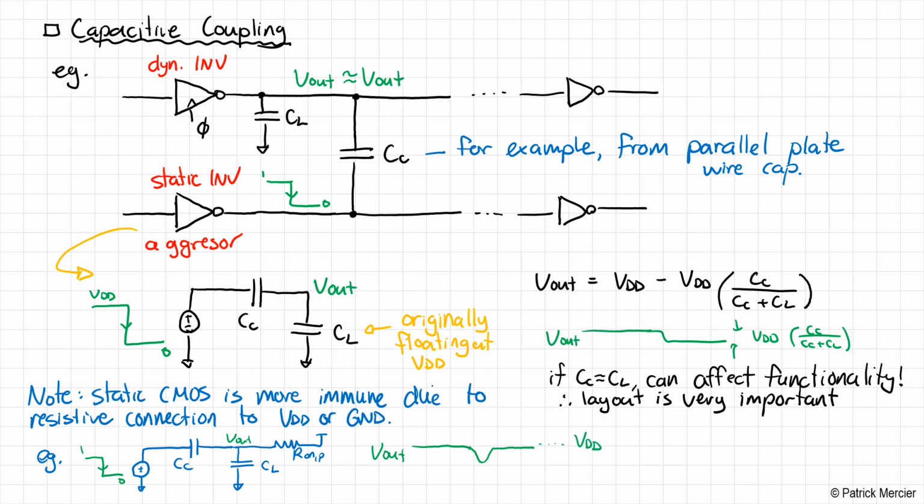Okay, so in other words, static CMOS is restoring. We'll get a glitch on the line at V out, but it won't drop and then stay there like it does in dynamic circuits. Okay, so this is a big advantage of static CMOS design, it's indeed much more robust to coupling and noise and so on and so forth.